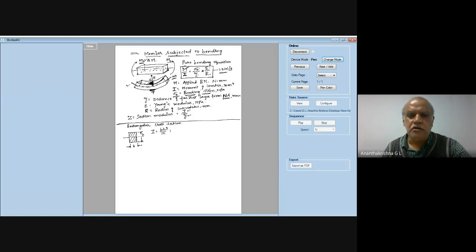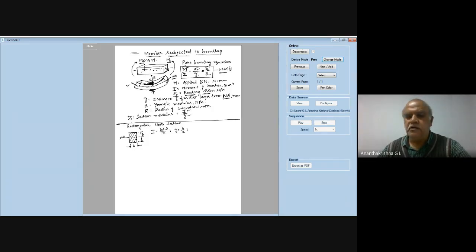Correct? And then the distance of the farthest layer from the neutral axis. This is the neutral axis. So the distance of the farthest layer from the neutral axis is H by 2. The farthest layer is this layer, either the top layer or the bottom layer. Therefore y is equal to h by 2.